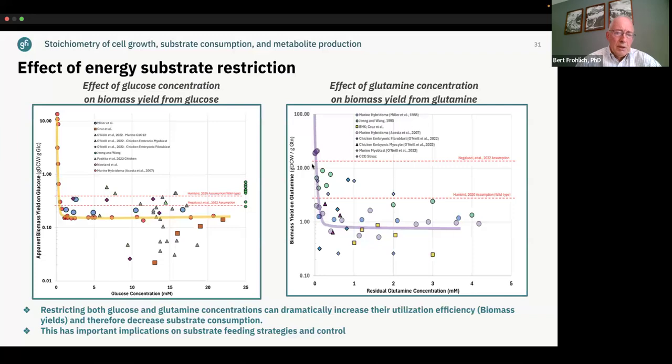And what they did differently is they made sure that the other substrate in those studies was controlled and was not limiting. So this data certainly complicates the picture, but it also points out some opportunities in terms of how substrate should be fed to a cell culture to get the maximum potential yield, which has cost consequences because those are the two substrates that are used to the greatest extent and therefore contribute to the cost of production.